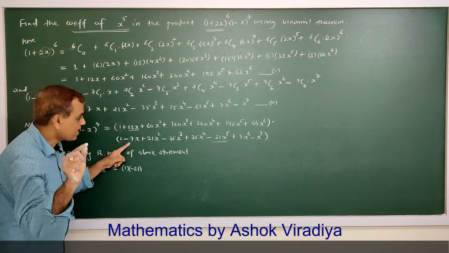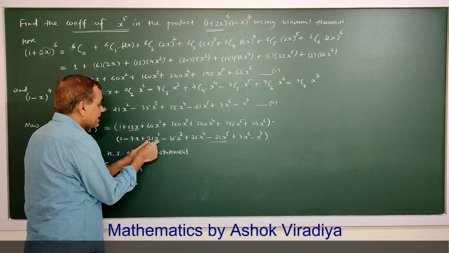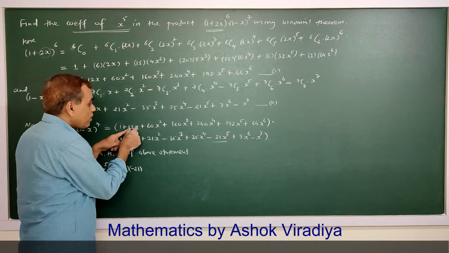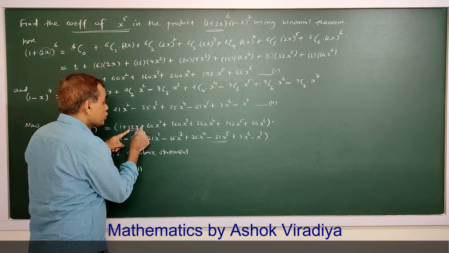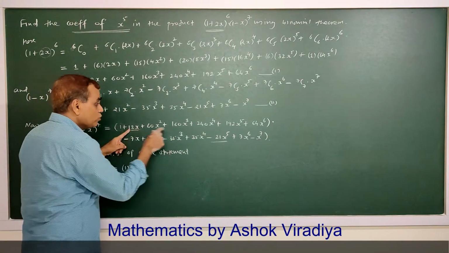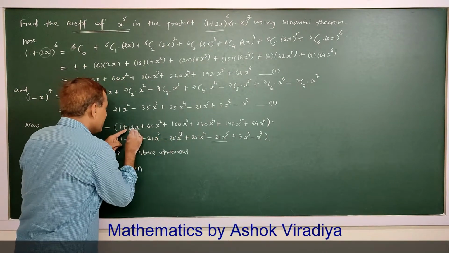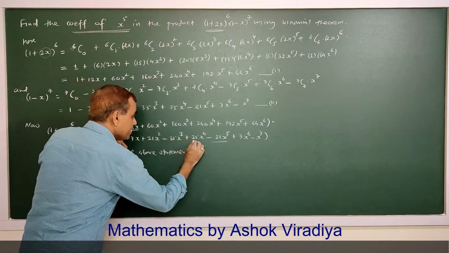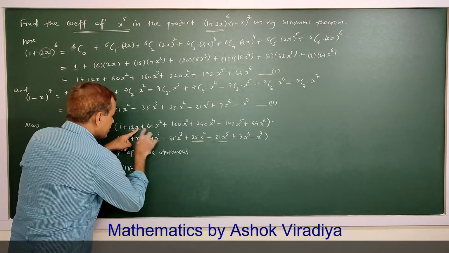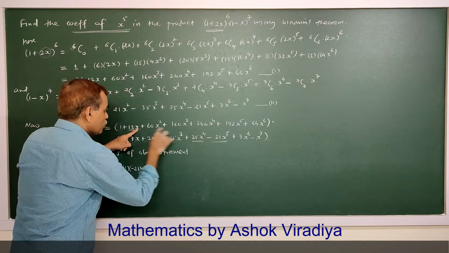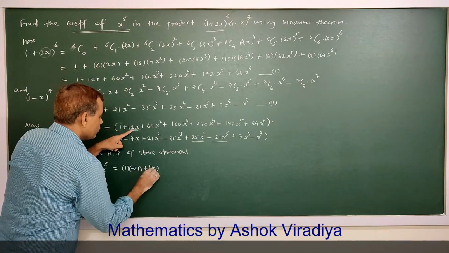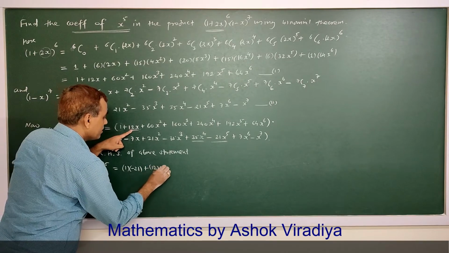We don't want x square. 12x into 21x square gives x cube, we don't want x cube. 12x into this number gives x raised to 4, we don't want x raised to 4. 12x into 35x raised to 4 gives x raised to 5, so the coefficient of x raised to 5 will be 12 into 35 in this line.